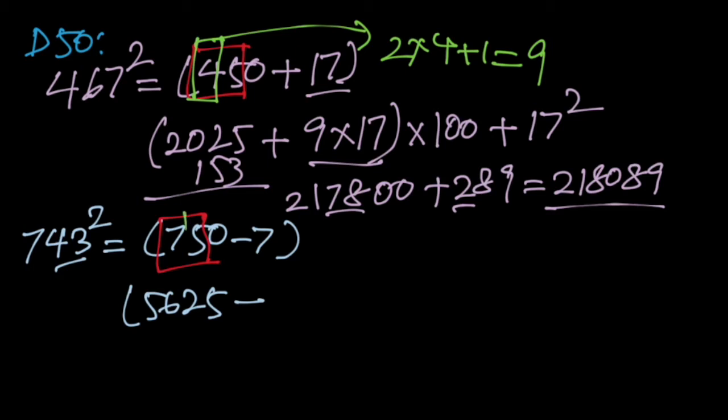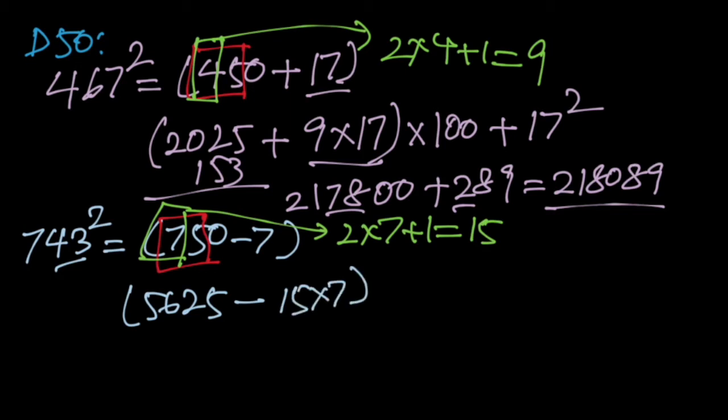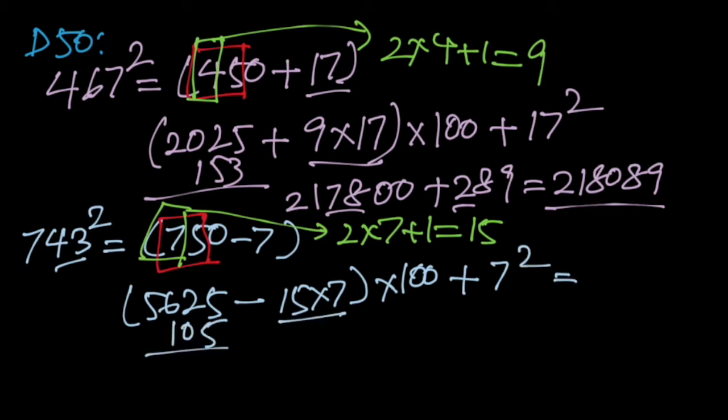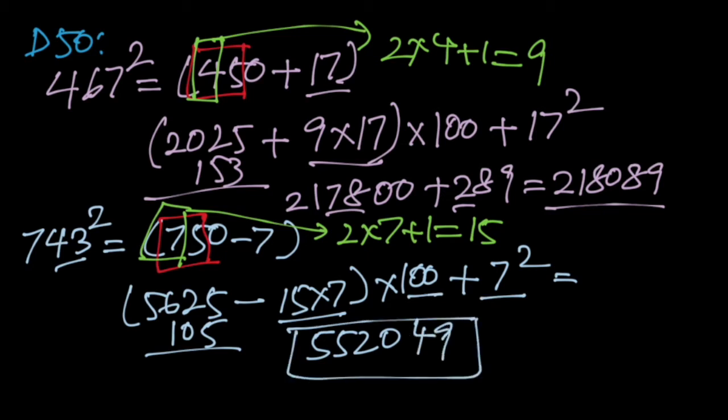We will do minus of 2 times 7 plus 1, which is 15. So, we do 15 times 7 and the whole thing is in 100, plus square of 7. So, this thing is 105. So, we get 5520 and then we have 2 zeros and then we have to add 49. So, we can straight away put 49 here. So, this is our answer.